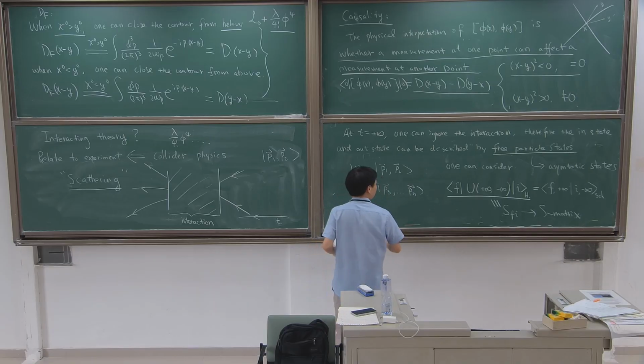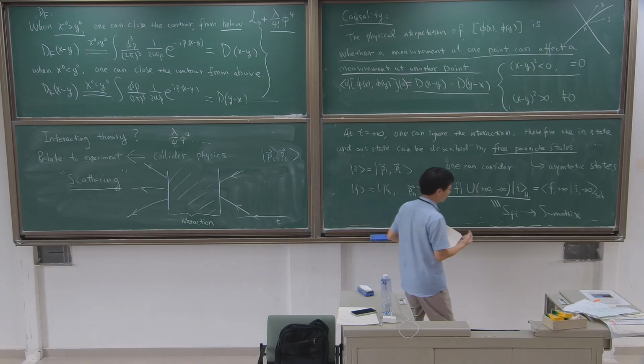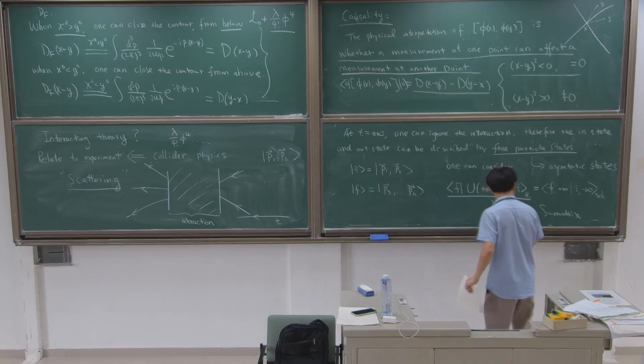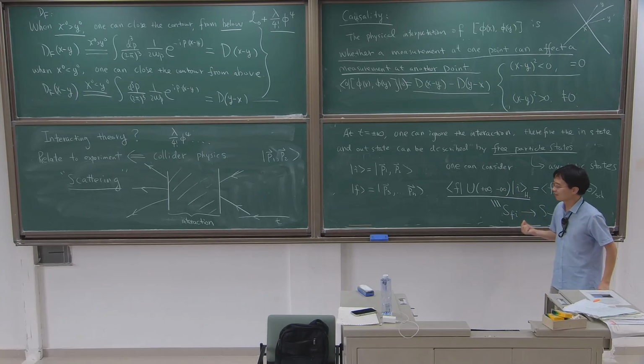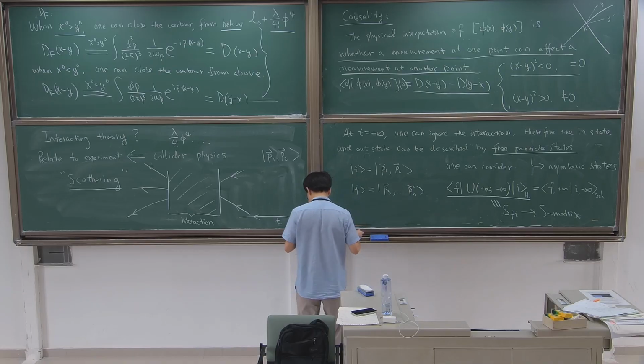This essentially means the trivial part of this entire S becomes an identity. Then we can isolate the non-trivial part by subtracting this identity.